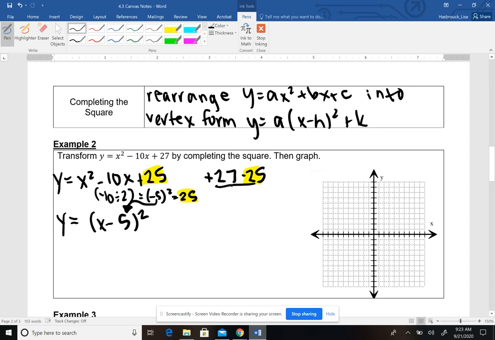Then our last step is take these last two numbers, 27 minus 25, we combine them to get a plus 2, and it goes at the end. So x squared minus 10x plus 27 in vertex form is x minus 5 squared plus 2. This makes it a lot easier to graph. So let's figure out our vertex.